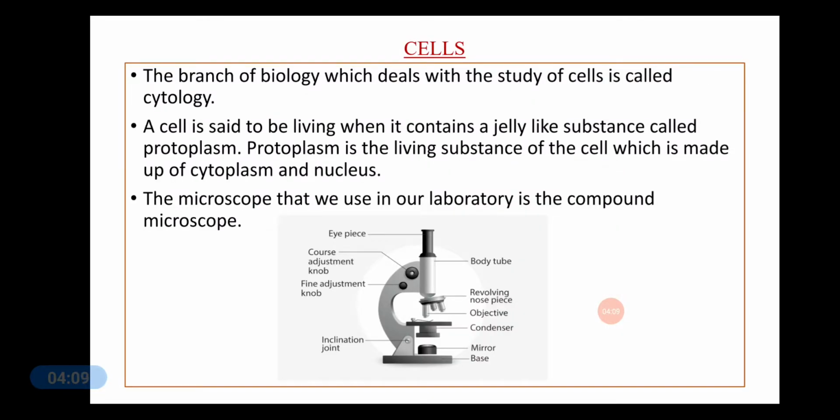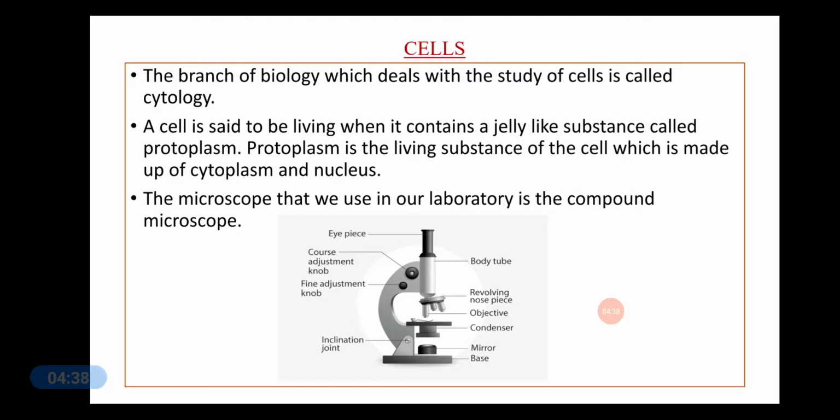Now let us study about the cells a little bit more. What is the branch of biology which deals with the study of cells? It is known as cytology. A cell is said to be living when it contains a jelly-like substance called protoplasm.